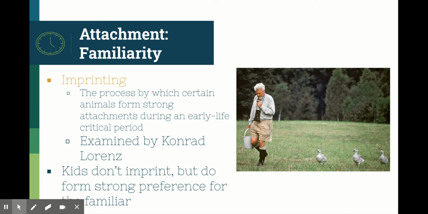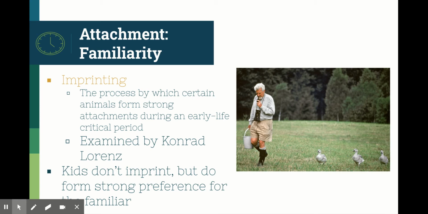Okay. So, imprinting is this process by which certain animals form really strong attachments during an early life critical period. This was examined by Konrad Lorenz. He did experiments with various types of birds. Notice this imprinting. Anyone familiar with the Twilight series? This is not creepy imprinting with Bella and Jacob. This is a natural thing that happens with various types of birds.